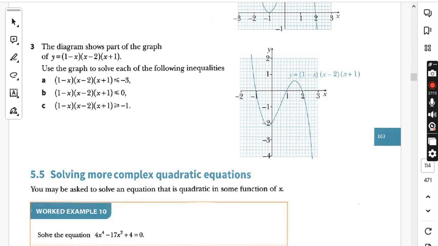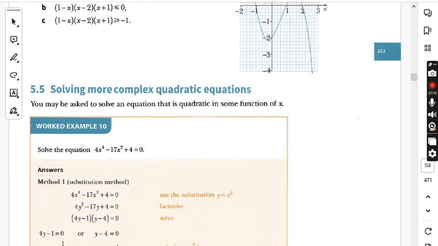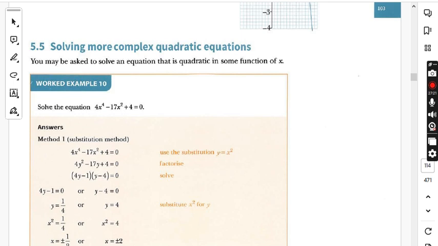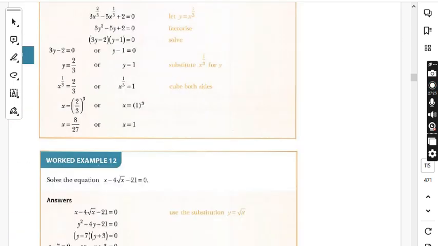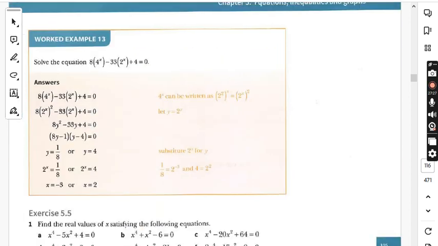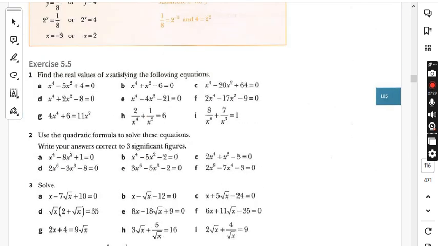What next? The last exercise of chapter number 5, 5.5, solving more complex quadratic equations. Very easy. I promise you will see the easiest exercise of this chapter.